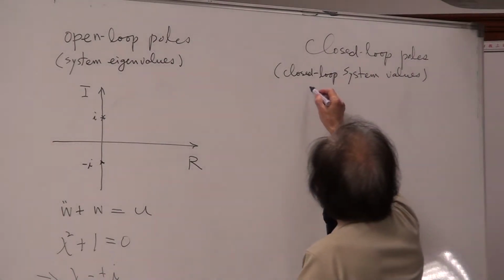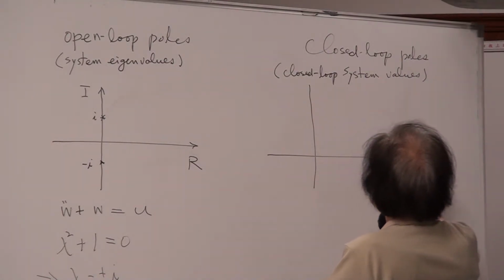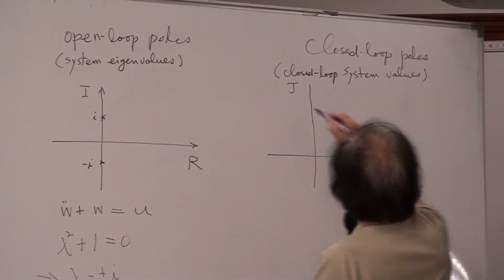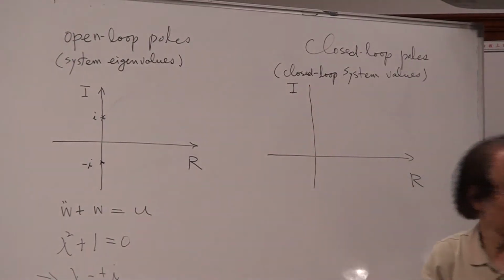And that's my closed loop pole here. Okay, that's R, this is I. That's my imaginary, this is my real part.